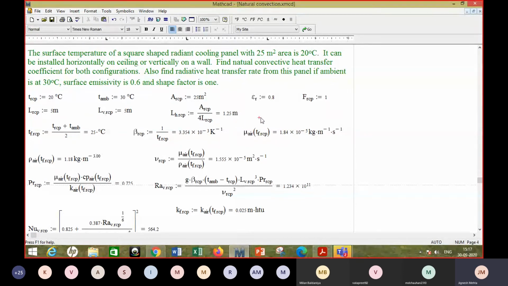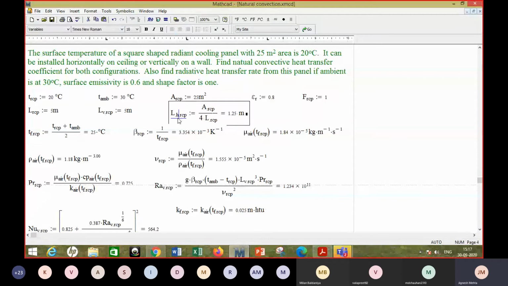And we'll focus mainly on the natural convective heat transfer rate rather than the radiative part. So the temperature of the radiant cooling panel is 20, that of the ambient is 30, and the area is 25 meters square. When you keep it vertical, it's actually a square, so it is 5 meters by 5 meters, and the height becomes 5 meters.